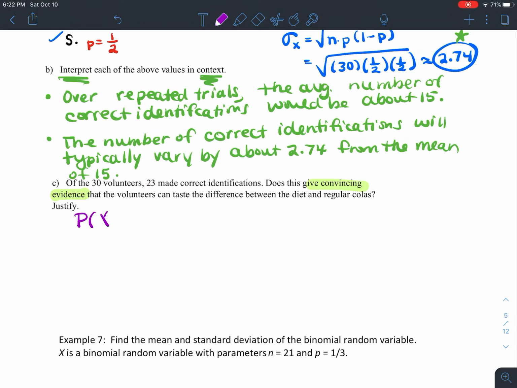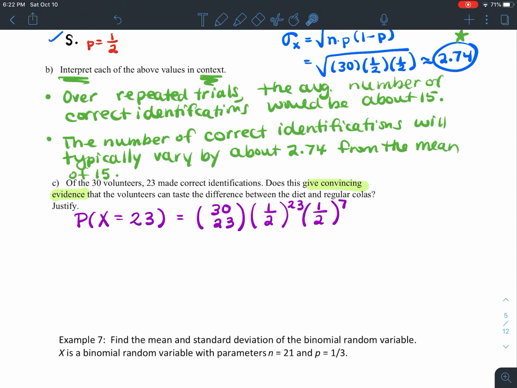Okay, so we know this is a binomial random variable, so we just want to see what is the probability that there could have been 23 correct identifications out of the 30. Now, if we were going to use the formula for this, this would be the formula on the formula sheet, and you could pull that formula sheet out or flip back a few pages at the beginning of this notes packet.